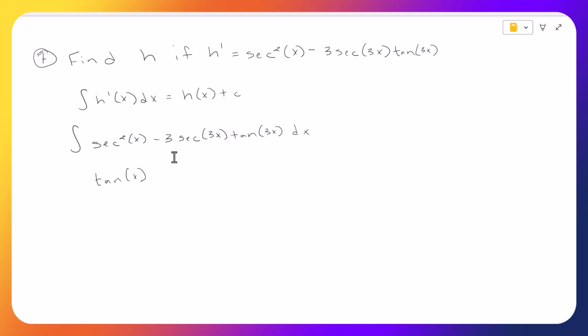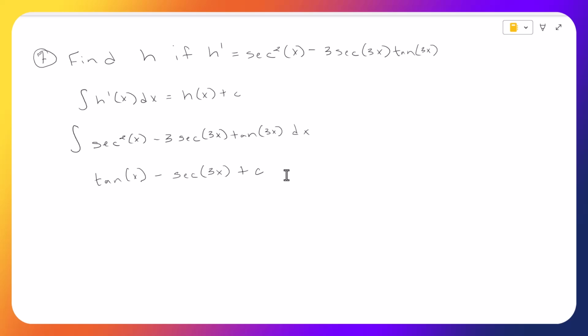That, to me, looks something like secant of 3x. So I'm just going to start by putting secant of 3x, and then I'm going to take the derivative and see if I need to change anything. Well, the derivative of secant of 3x is secant 3x times tangent 3x times the derivative of our inside, which is 3. So 3 secant, and that gave us everything we needed. And so we just need a plus c at the end. Okay. And so h of x equals this function right here.